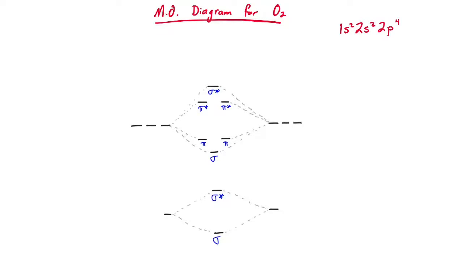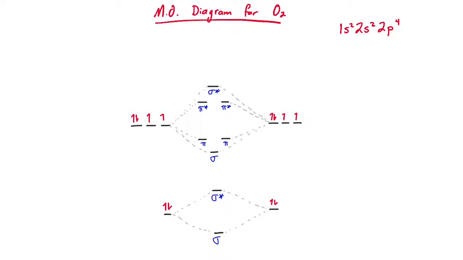So that gives us 2 electrons in the s orbital on each side, and it gives us 4 electrons in the p orbital on each side. So I'll place those in the appropriate orbitals there. And now we've got a total of 6 electrons to place into the p orbitals.